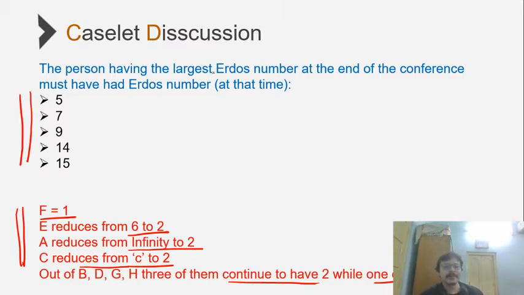So the question is saying the person having the largest Earth number at the end of the conference must have had what Earth number at that time?